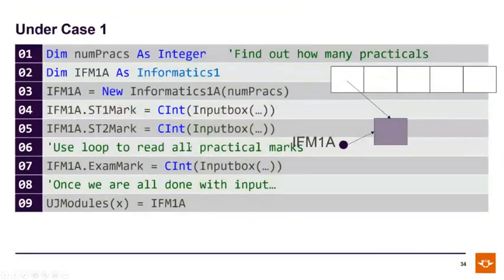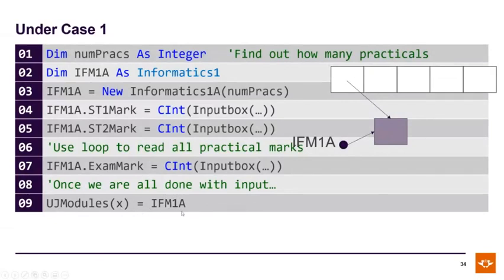Right. So once you have achieved the object's information, so once you received all the information you need for the informatics object itself, that one specific object, then you can take that object and place it inside the UJ module array. So that is the upcasting itself.